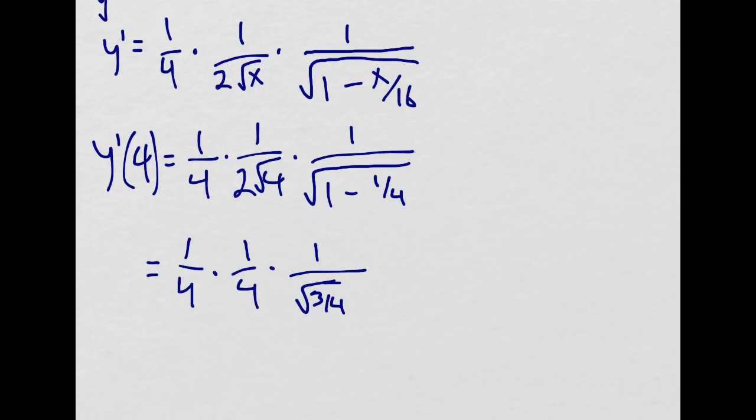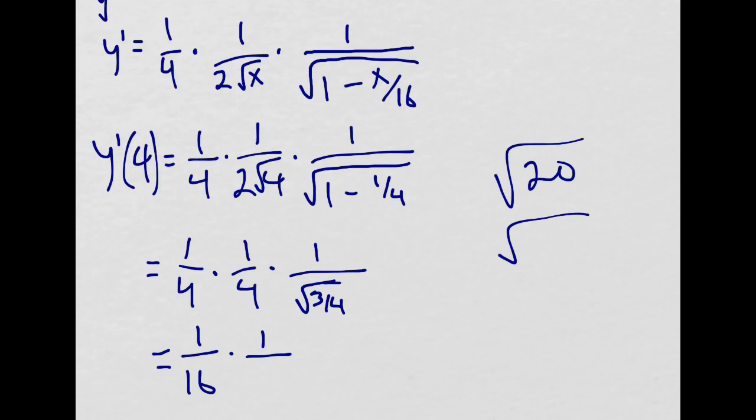Anyway, I'm going to continue to multiply out. I'm going to do two things in this next step. I'm going to say that this is 1/16, times 1 over the root of 3/4. You should know that I can take the square root of 20 and write it as root 4 times 5, and then pull this out and turn it into 2 root 5.